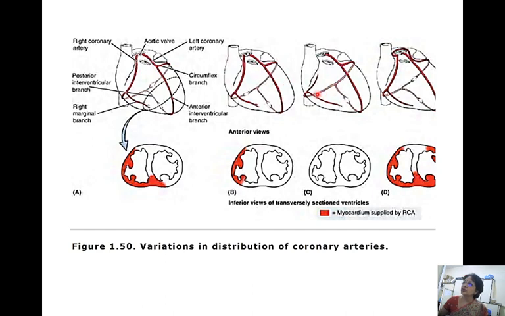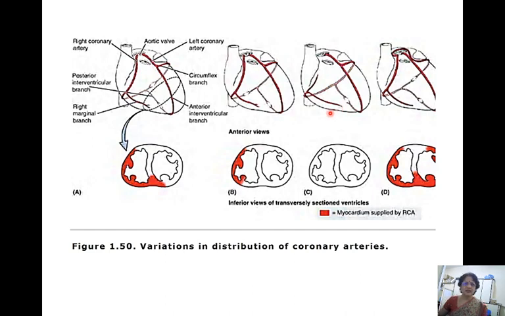So it looks like a full anastomosis. The blood supply is all coming from the left. So myocardium supplied by the RCA is zero. There doesn't seem to be a right coronary at all. There's no origin, which means a single vessel is taking care of all chambers. It is very rare to have a singular coronary.